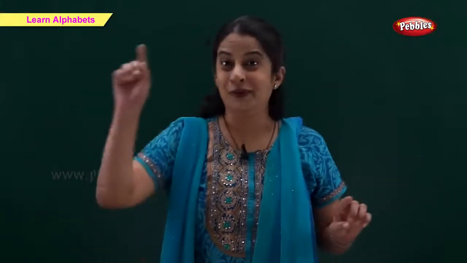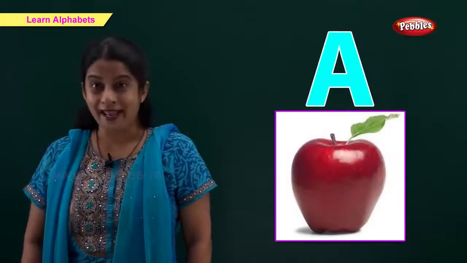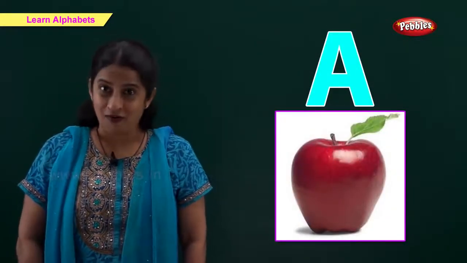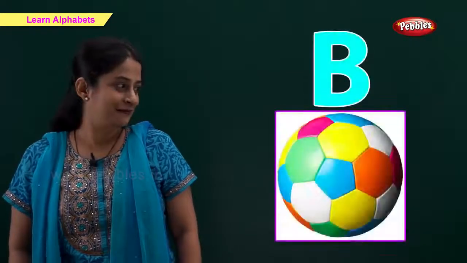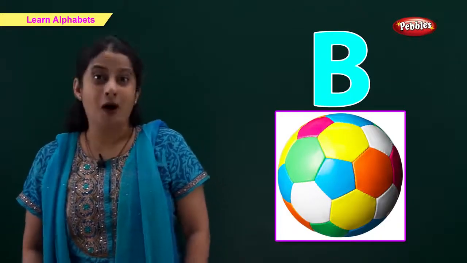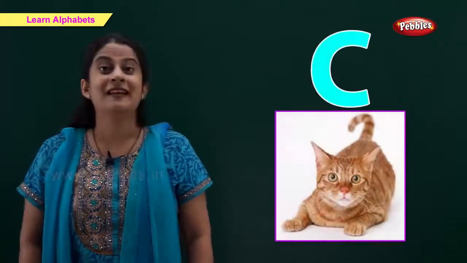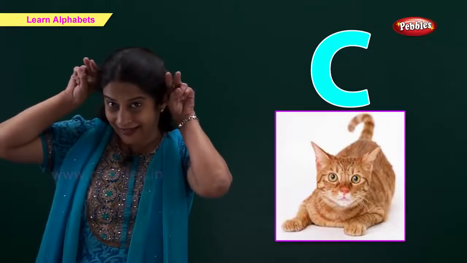Friends, now let's learn all the alphabets one by one. A. A for apple. B. B for ball. C. C for cat.